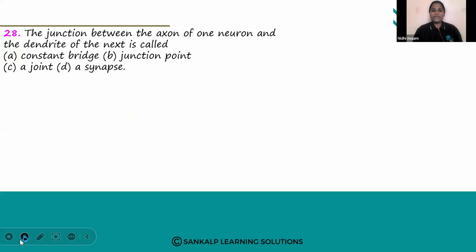Next, the junction between the axon of one neuron and the dendrite of the next is called as? What is that junction? What is that fusing point termed as?